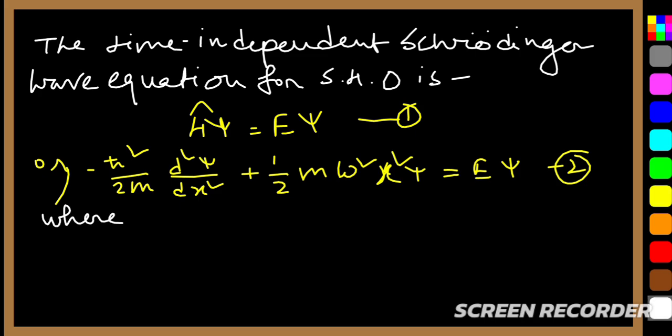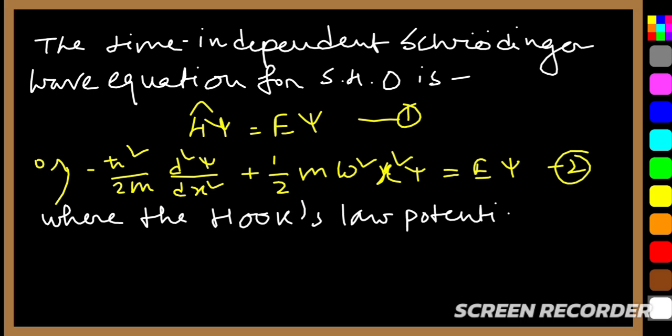Next, where the Hooke's law potential V of x equal to half of k x square, right?